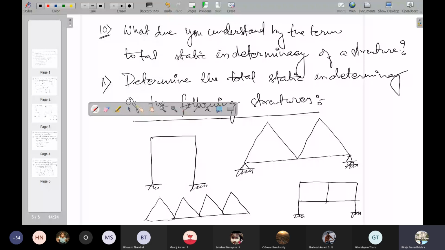This is hinged, this is hinged, this one is also hinged, this one is also hinged, this one is also hinged. Okay.